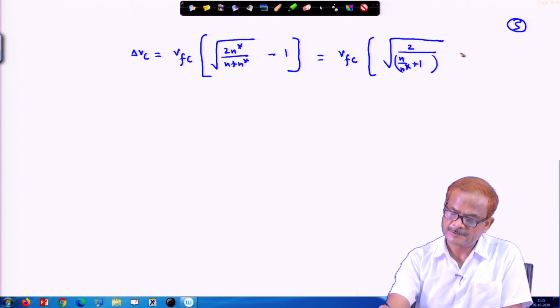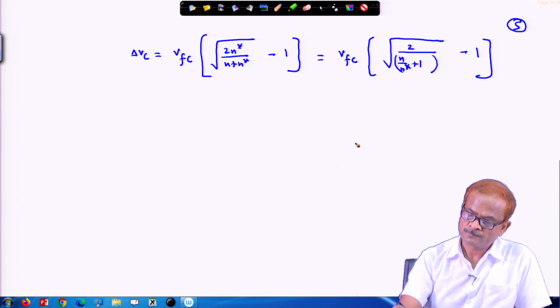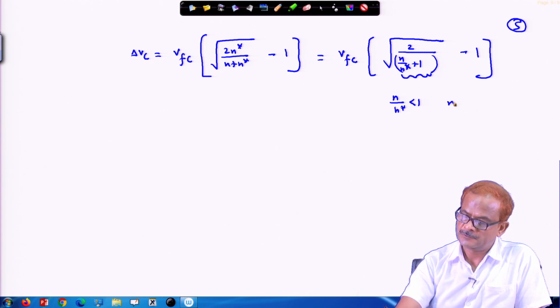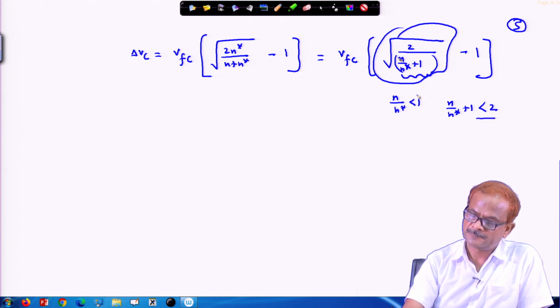We rewrite it in this way. So, what we can see from this place, n by n star is less than 1, okay, and therefore, the denominator will be less than 2. So, n by n star plus 1, this will be less than 2, and therefore, this quantity will be greater than 1.